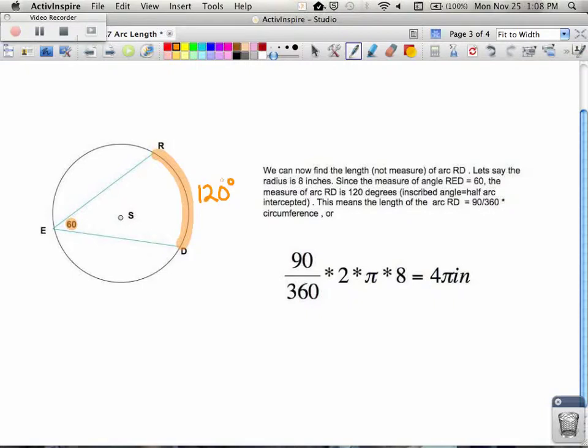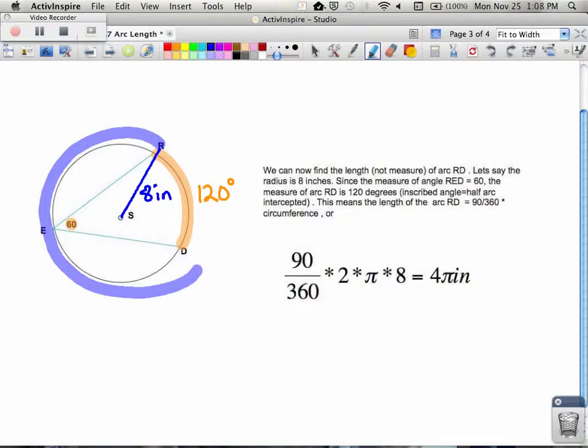Now, if I also told you, for example, that in this case, the radius was an 8-inch measurement, we could talk about the circumference of this circle. So let's say we want to see how far it is all the way around.